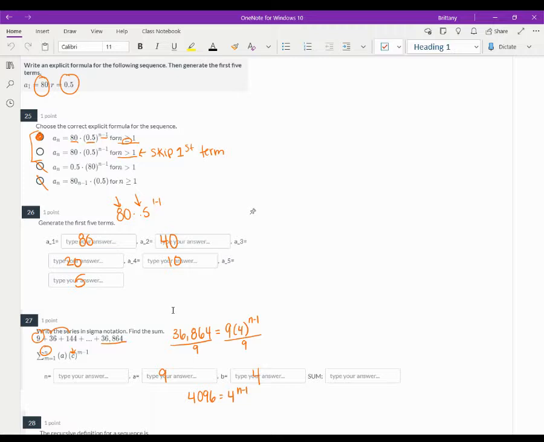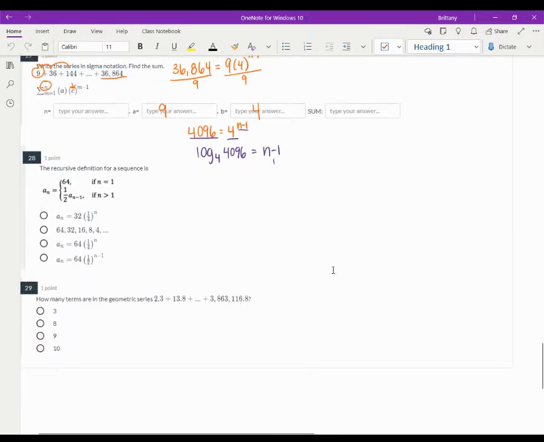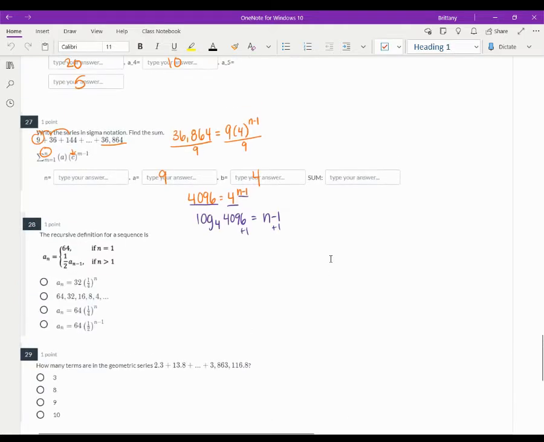And then you're going to want to put this into log form. So the base of the exponent stays the base of the log. The other two terms switch. So if the n minus 1 was with the 4 before, it won't be this time. And if I want to solve for n, I add 1 to both sides. And that gives me log base 4 of 4,096 plus 1, which is 7.